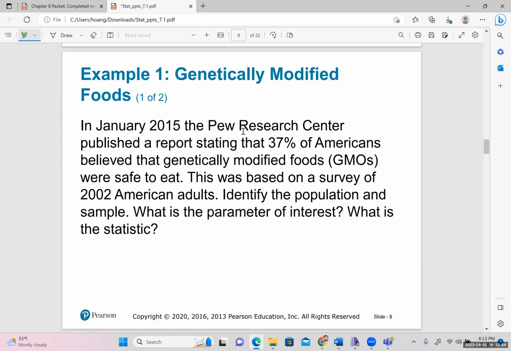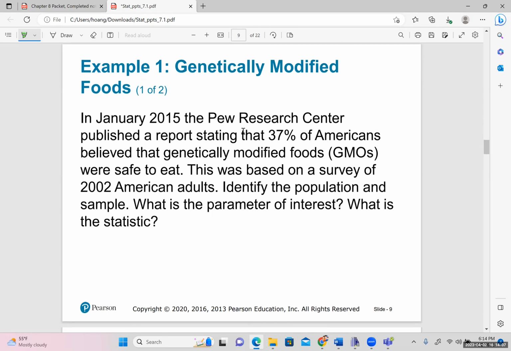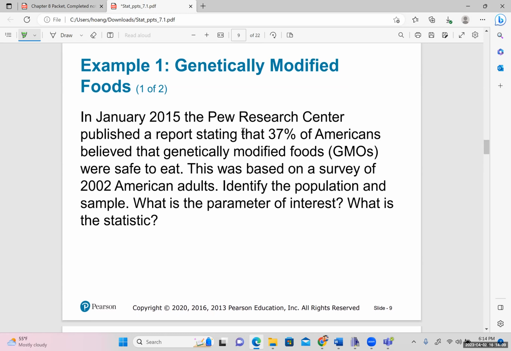In January 2015, the Pew Research Center published a report stating that 37% of Americans believe that genetically modified food, so GMOs, was safe to eat.